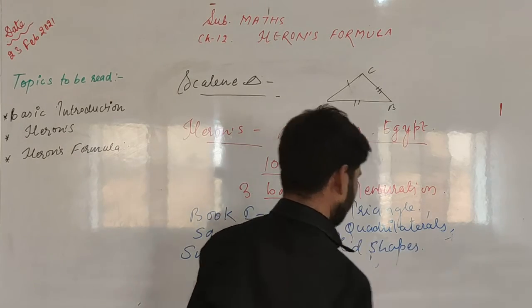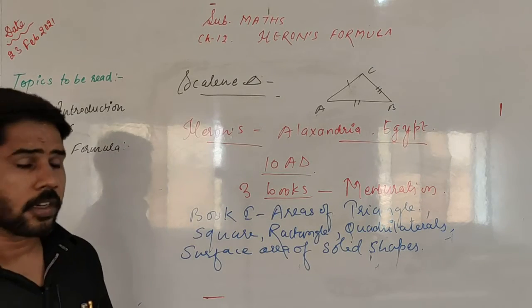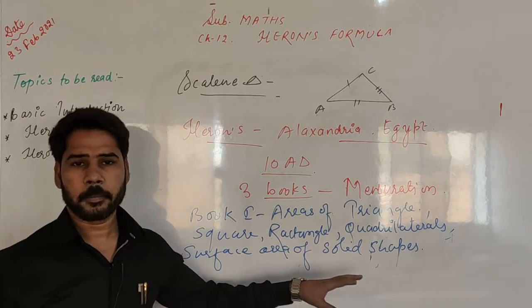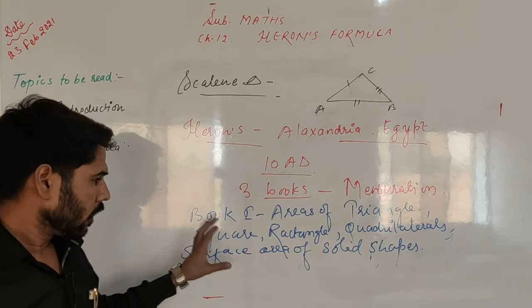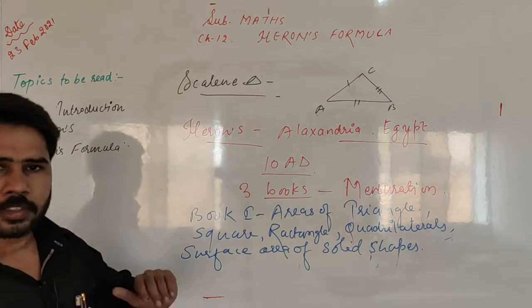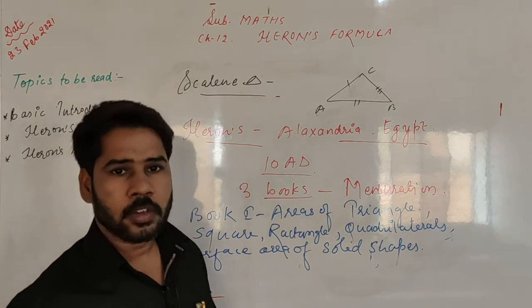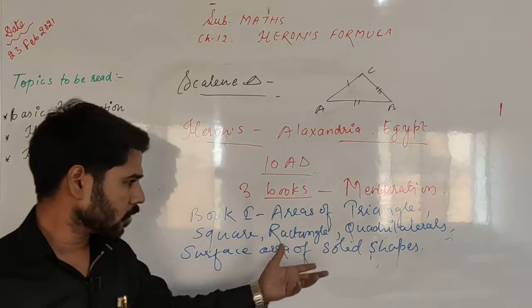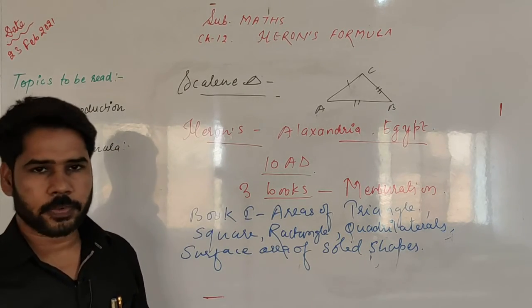Solid shapes like cone, cuboid, cube, cylinder, sphere. So in this first book he gave some formulas related to areas of all these plane figures and solid figures.